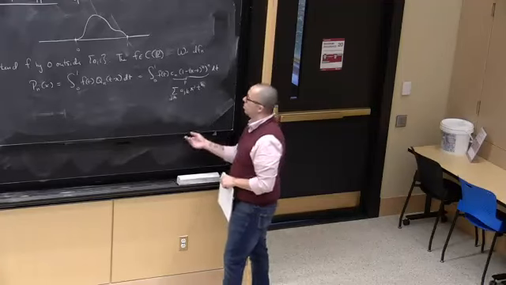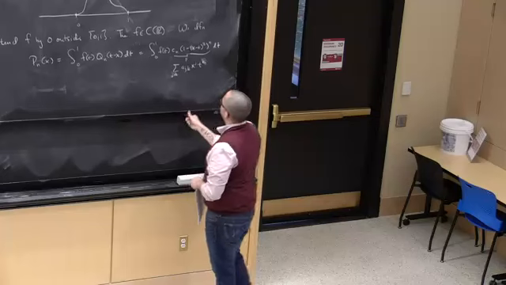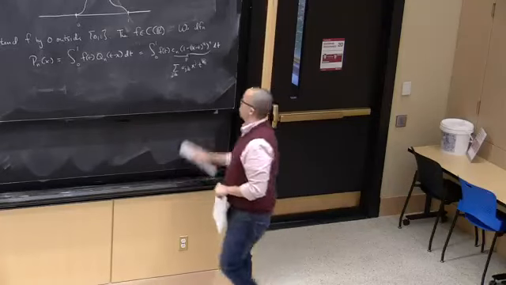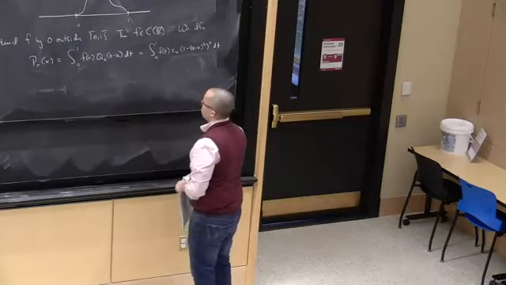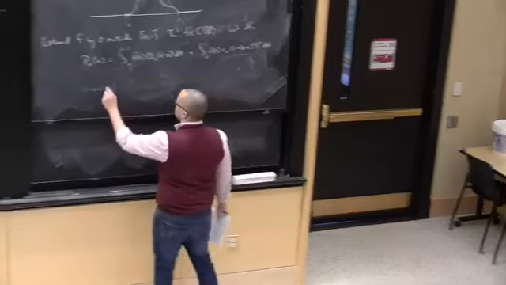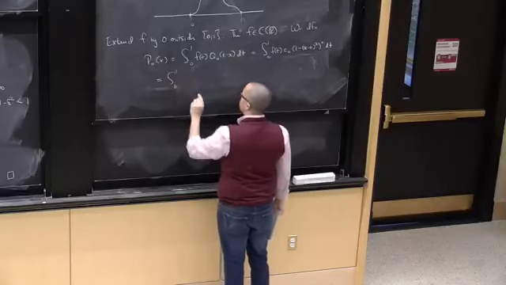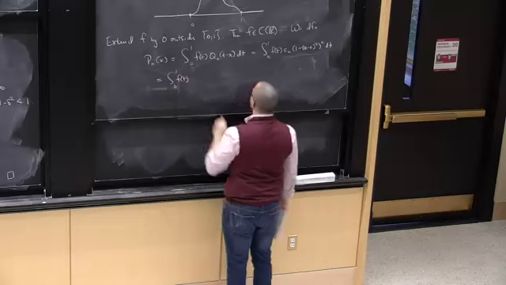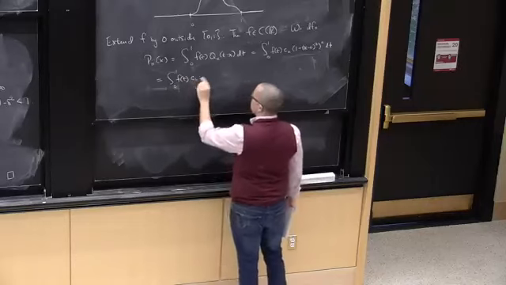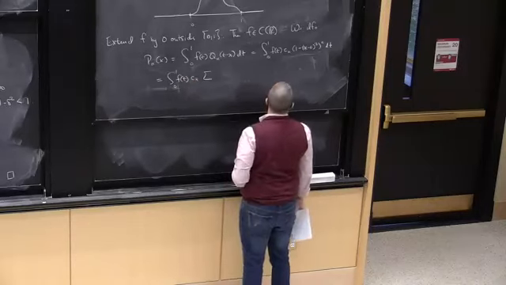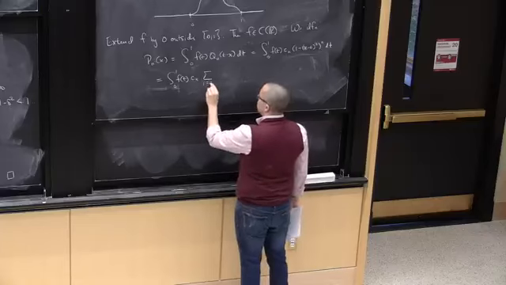Okay, so let's write this out and be precise, just so that you're convinced that it's a polynomial. This is equal to the integral from 0 to 1 of f of t times c sub n. Now we use the binomial theorem.